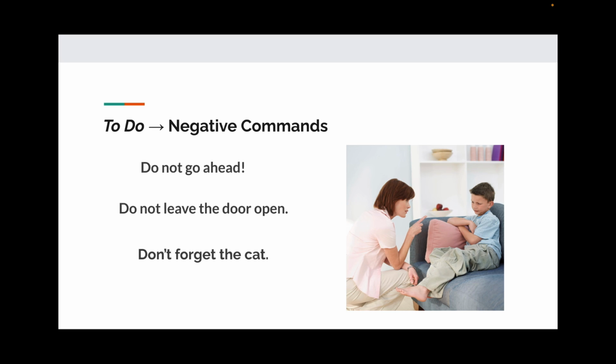However, they're similar in that you don't have to use the singular or plural pronoun you. And it's important also to note that we wouldn't use doesn't for negative commands or does for positive commands because doesn't and does are used for third person singular pronouns.